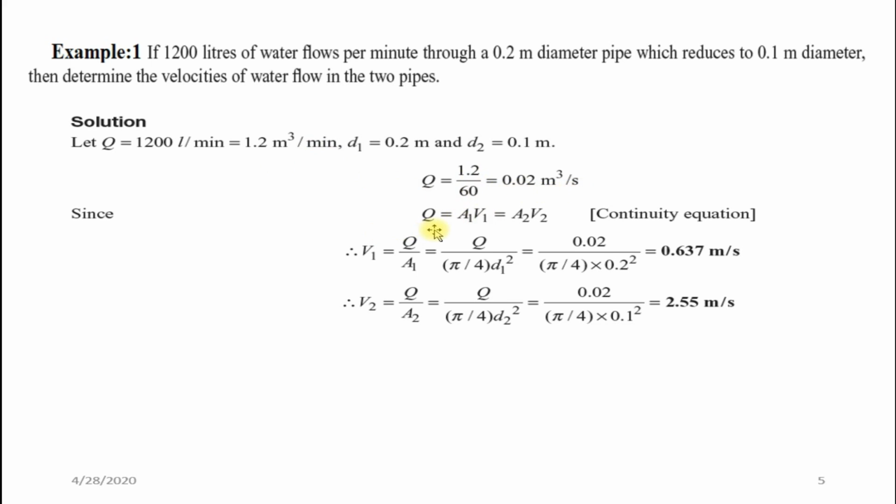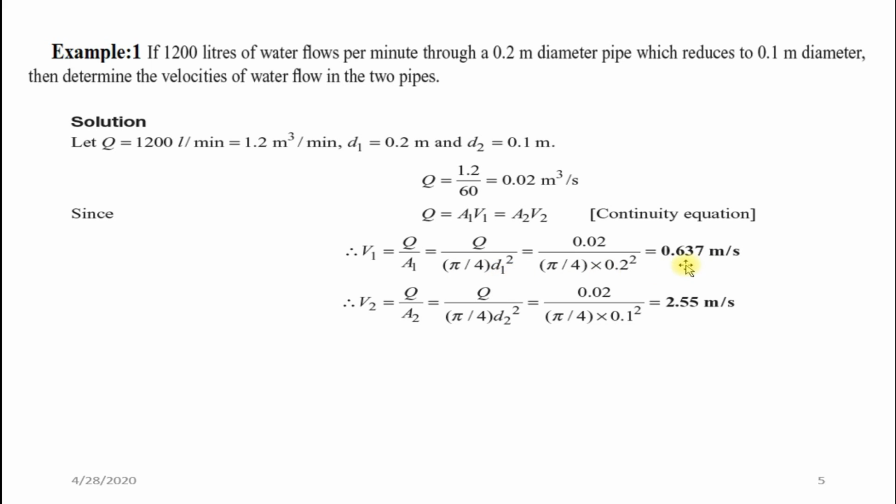Now from the continuity equation A1 V1 equal to A2 V2, we have to equate section 1 to section 2. Section 1 having 0.2 meter diameter and section 2 having 0.1 meter diameter. So if you equate, you will get velocity equal to Q by A1. At section 1, velocity V1 is equal to Q by A1, that is Q by pi by 4 into d1 square.